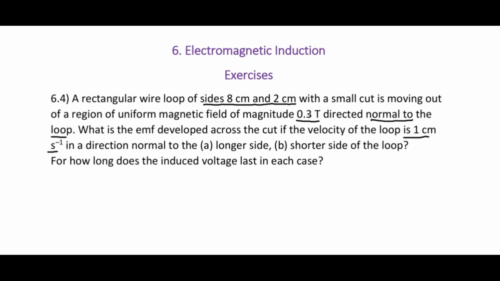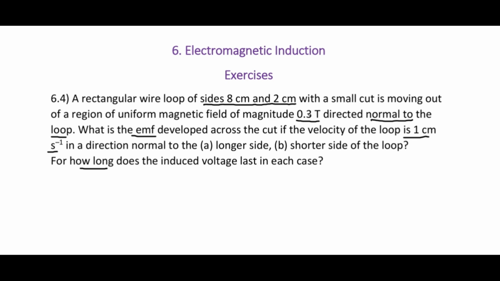So, two subcases are there. One is the longer side, and one more is the short side. In each subcase, we have to find out two terms. One is the induced EMF and one more is how long, that means the time taken. We'll discuss one by one.